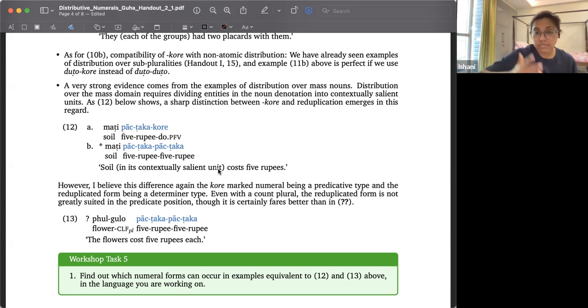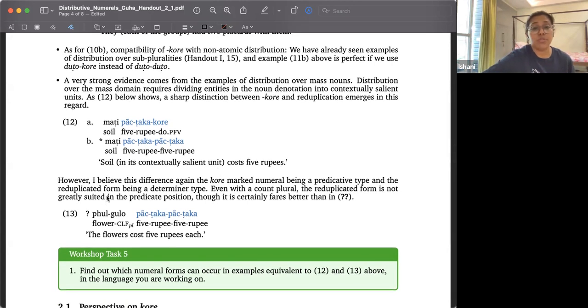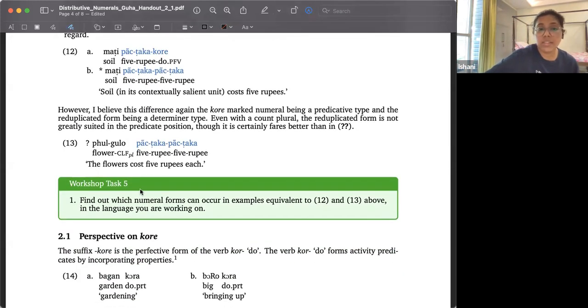However, an interesting fact here is if I take a count plural, 13, phool gulo. Phool is not Mati. You have units of phool, flowers, individuated units, which already come individuated, right? You don't have to do it contextually.